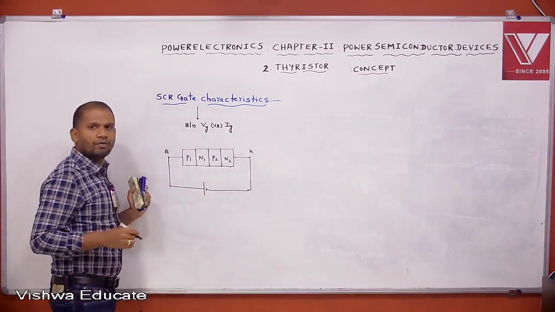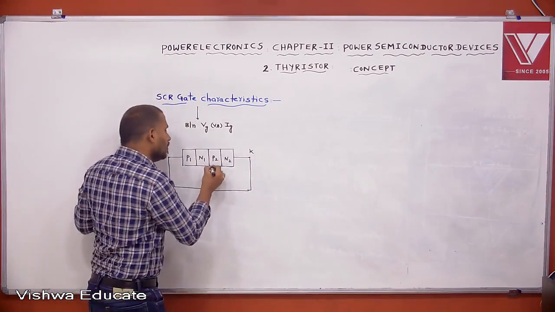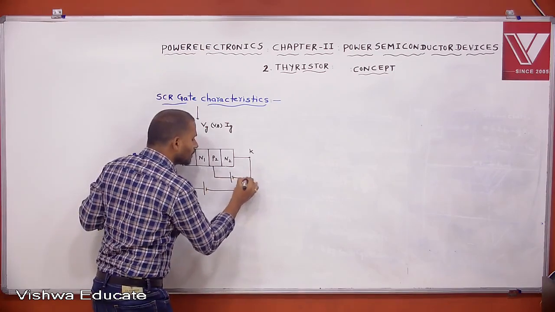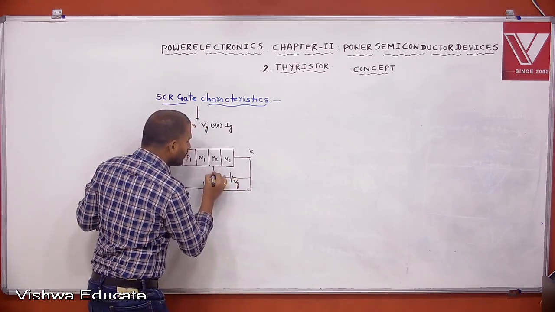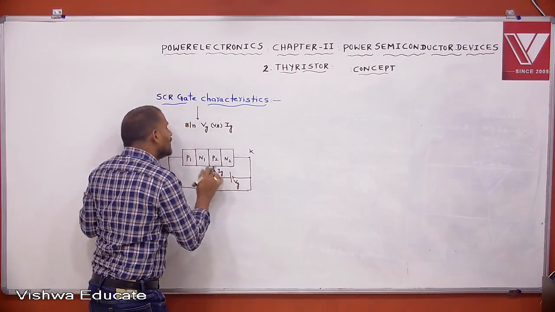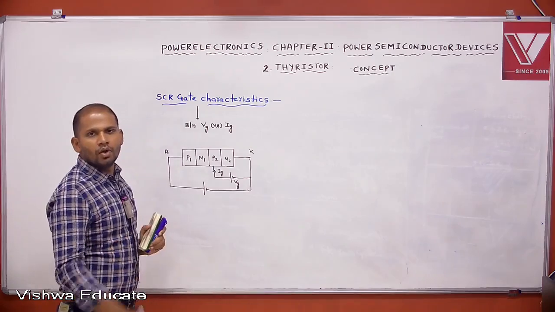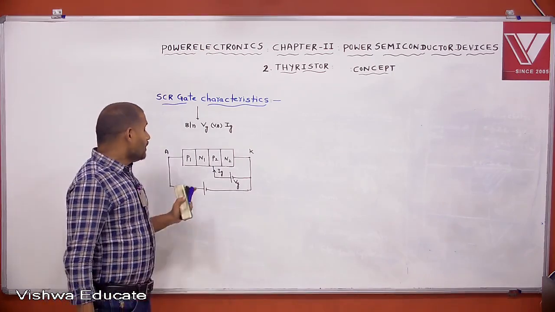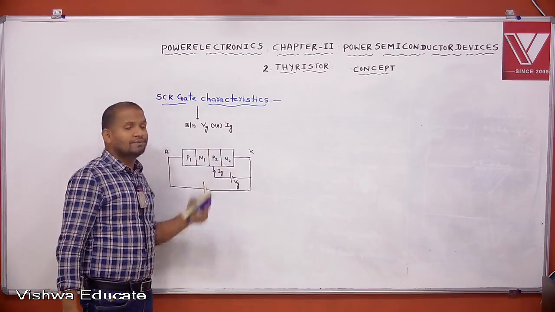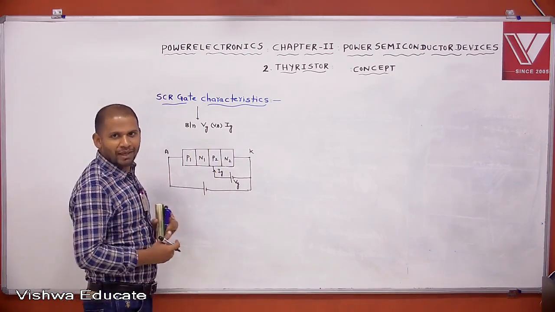Now we are supplying the gate voltage. This Vg is the gate voltage and Ig is the gate current, the gate trigger voltage and gate trigger current. Now this Vg and Ig is applied across one PN junction.